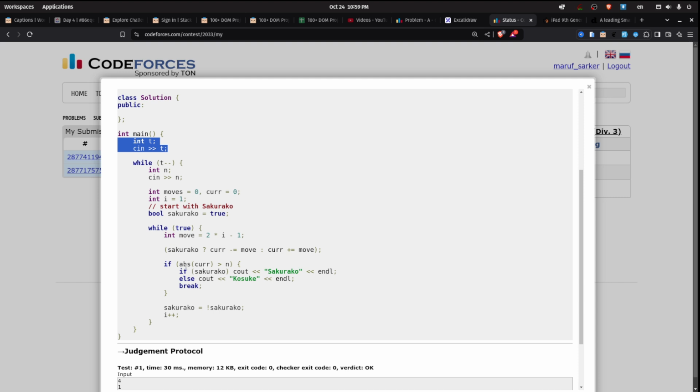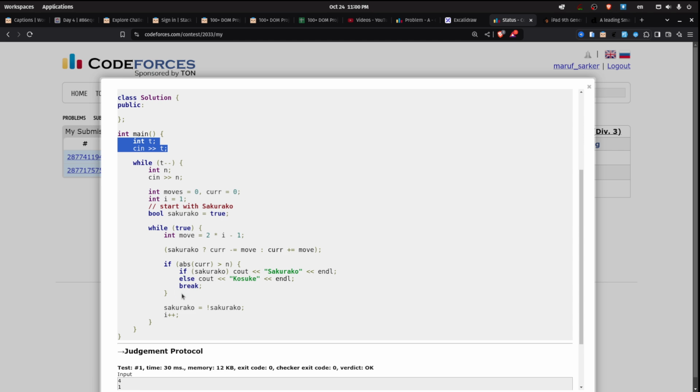After that, I have to check every time whether the absolute value of current is greater than n or not. If it is true, then I have to check whether it is Sakurako or not. If it is Sakurako, then I have to print Sakurako, otherwise I have to print Kosuke, and break the loop.